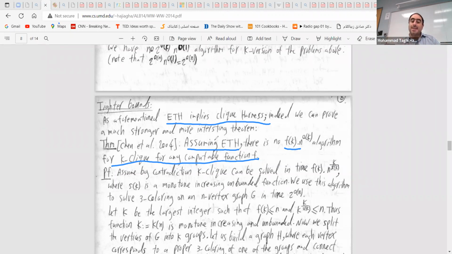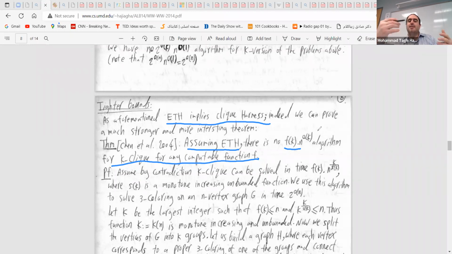So this theorem says that, assuming ETH, for independent set, or in this case k-clique, which is the same as k-independent set, you cannot get anything better than f of k times n to the order little o of k algorithms.